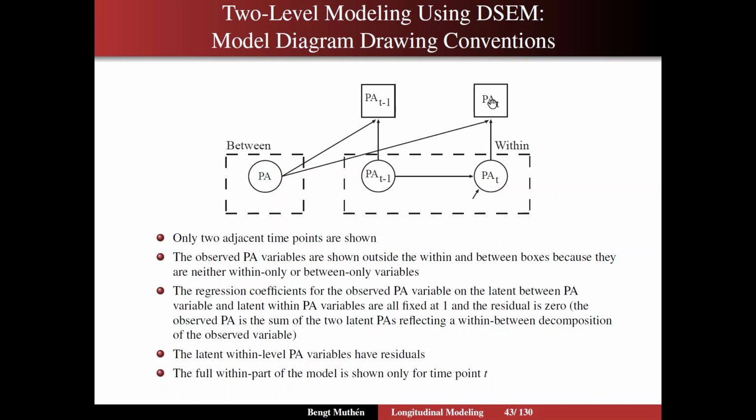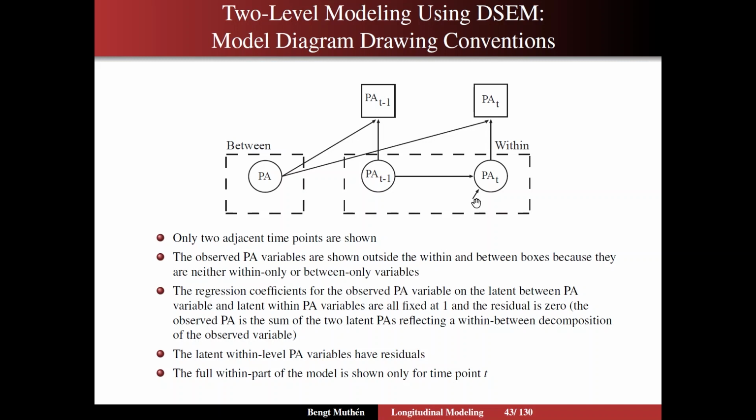So any variable here is influenced by 2 sources, the between plus the within, with weights 1. Between plus within, very simple. Just a decomposition, no residual up here on the observed variables. The latent within level PA variables have residuals, and we've drawn that here. So there is where the residual ends up.